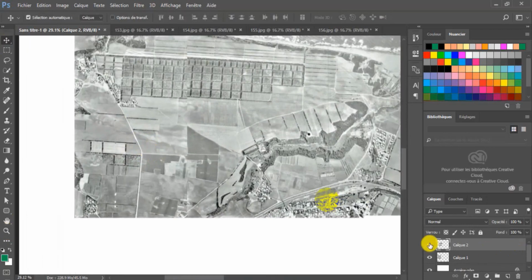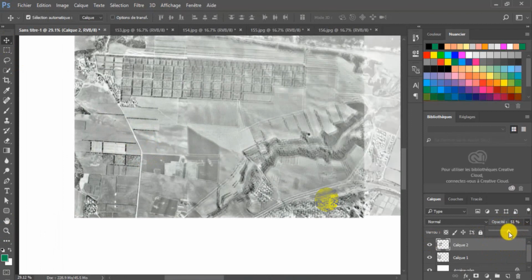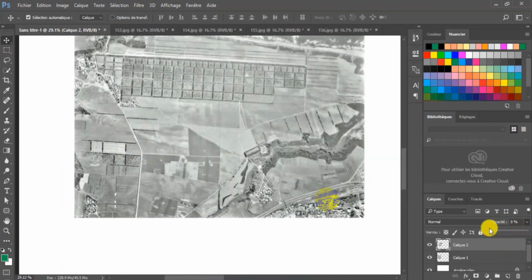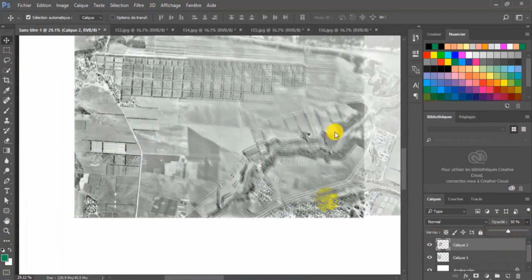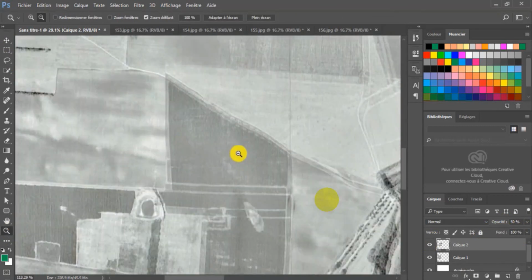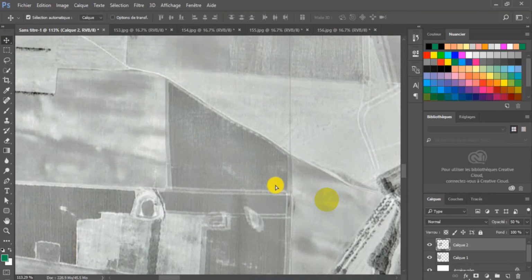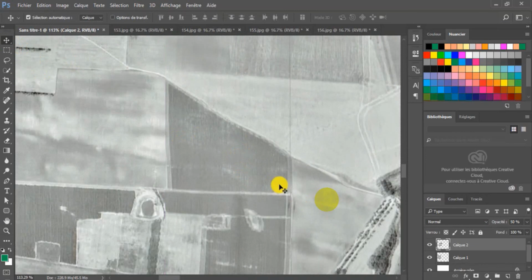There is no horizontal control, no vertical control. Uncontrolled. See how difficult.